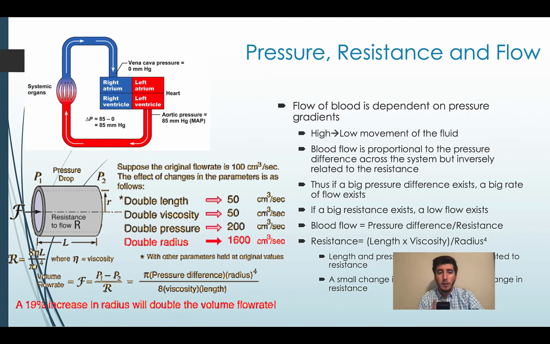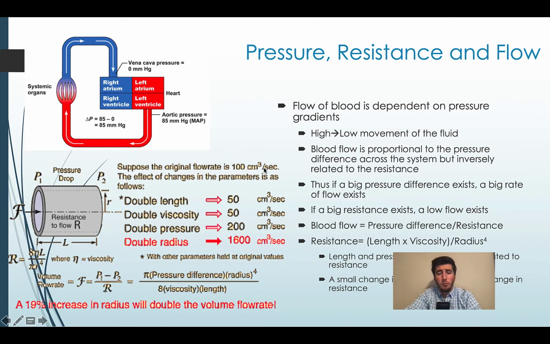Where things get different is with resistance to flow. We can adjust resistance to flow based on length, viscosity, as well as the radius of the tube, or the vasculature in this case. If we look over here on the bottom left, we have an original flow rate of 100 cubic centimeters per second.